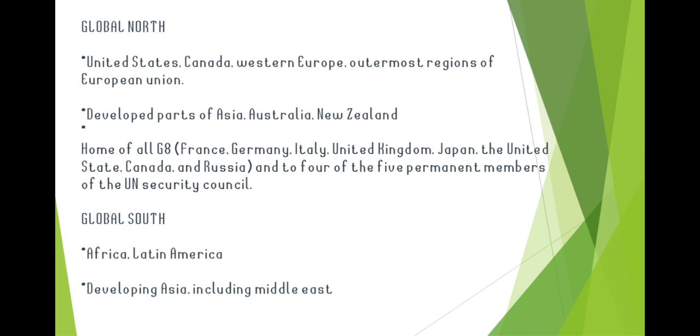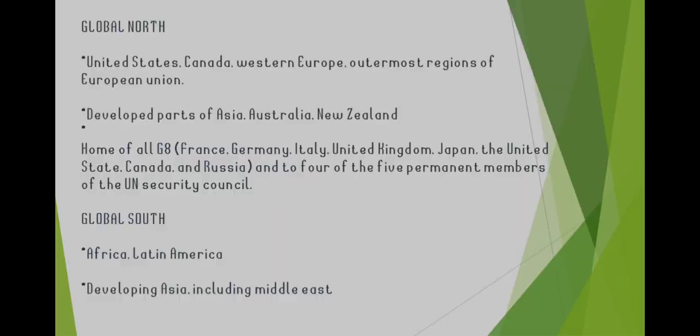The global North is home to all G8 countries like France, Germany, Italy, United Kingdom, Japan, the United States, Canada, and Russia, and four of the five permanent members of the UN Security Council. The Global South comprises Africa and Latin America, and developing Asia including the Middle East.